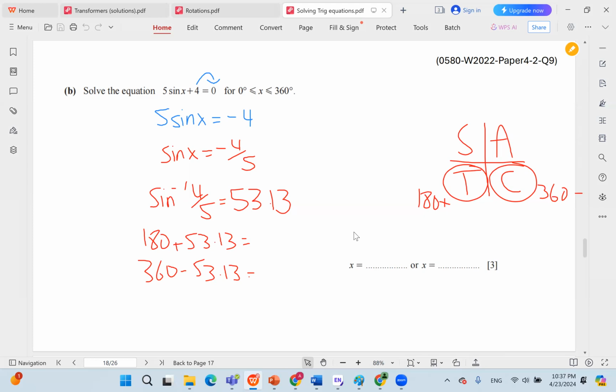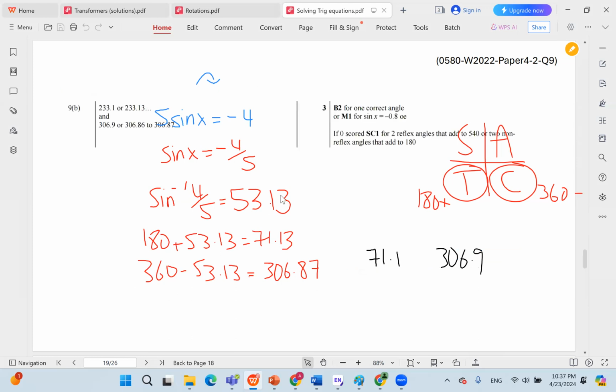So 180 plus 53.13 gives us 71.13. 360 minus 53.13 gives us 306.87. We can write them correct to 1 decimal place. That will be sufficient. We can write just 71.1 maybe. And 306.9 as our final answers.